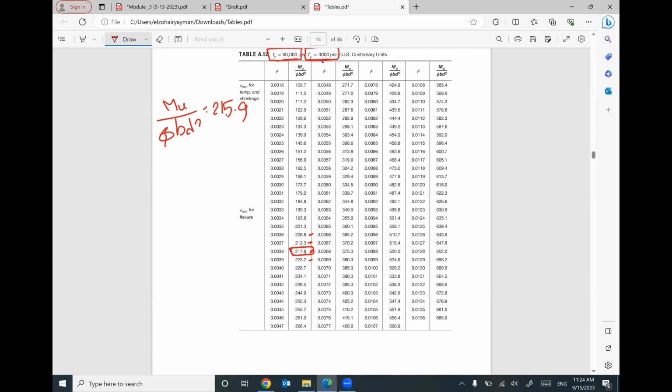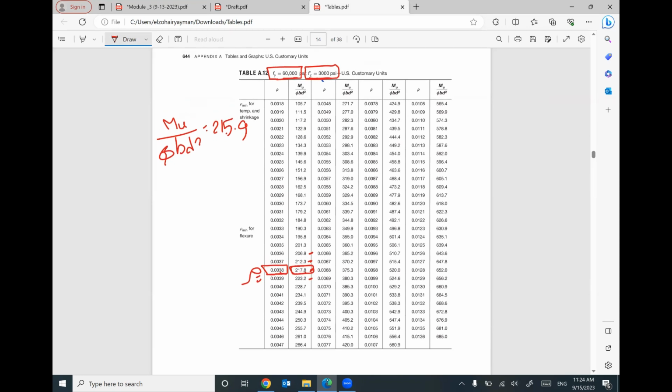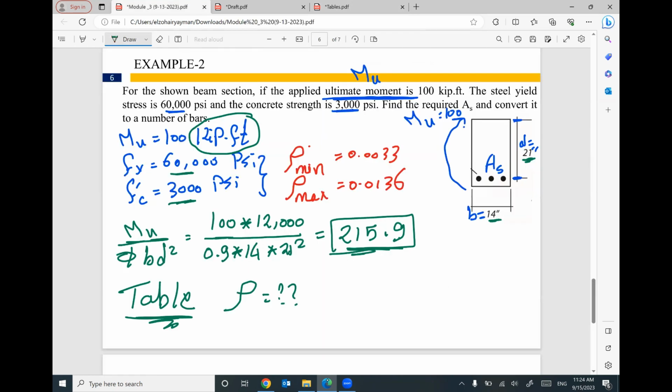The corresponding value for this value is rho equal 0.0038. So first of all, which table am I going to use? The table with F yield equal 60,000 and F prime C equal 3,000 based on the given information.